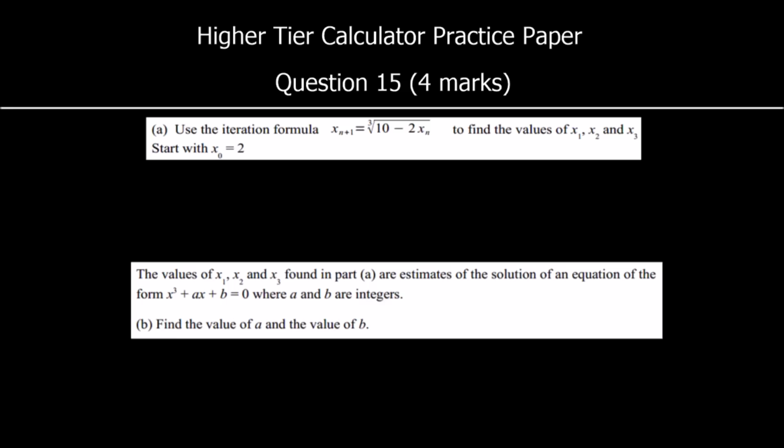Question 15. Use the iteration formula xn plus 1 equals the cube root of 10 minus 2xn to find the values of x1, x2, and x3, starting with x0 equals 2. So an iteration formula, so we can find x1 by doing the cube root of 10 minus 2 times x0. And x0 is 2.